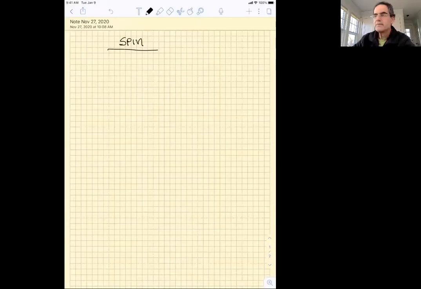Here, I'm going to turn to the notebook, 1 second. All right, so it turns out that electrons in atoms can have two types of angular momentum.